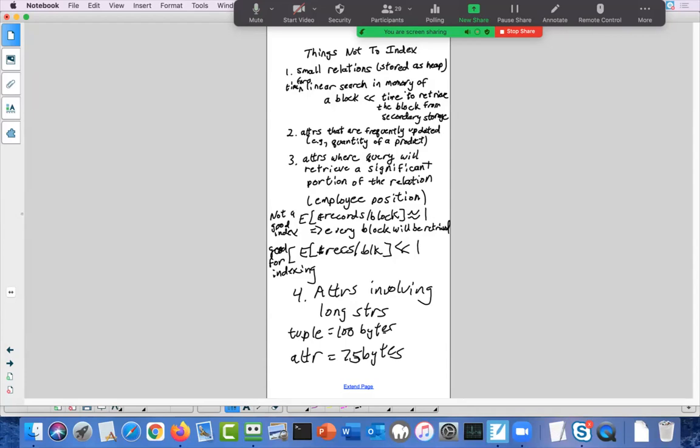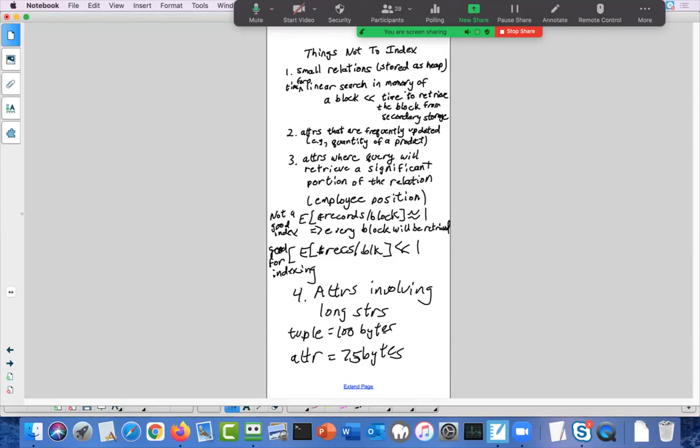Now, this comes up against the fact that the attributes involving long strings may be things like street address or name that are frequently used. So the idea of what to index and what not to index is very subjective. You often have to play with it once the database goes into production, because it's not always clear how the performance is going to be affected by which attributes you index and which you don't.